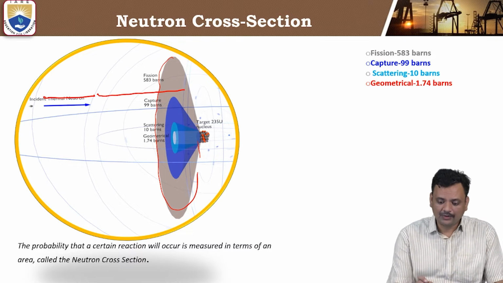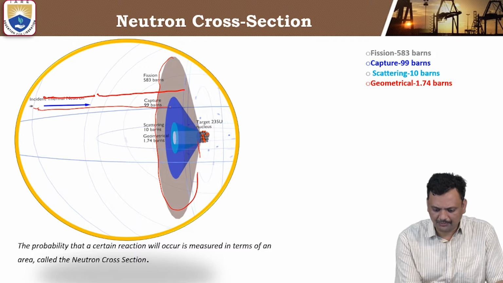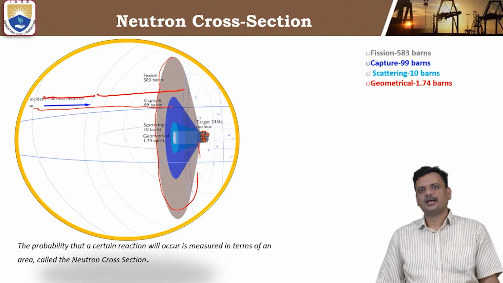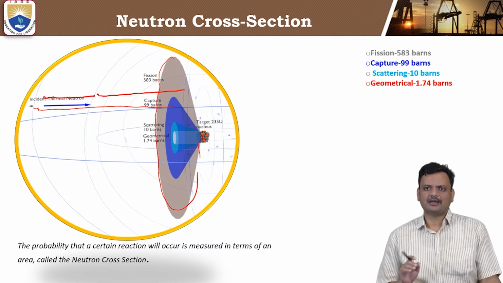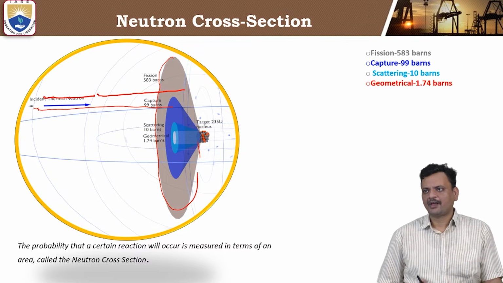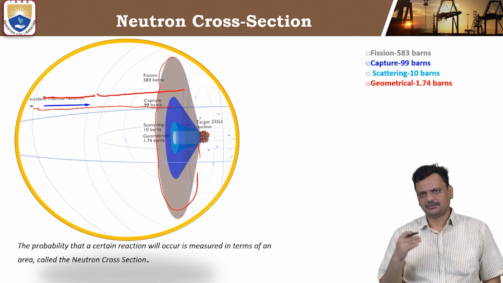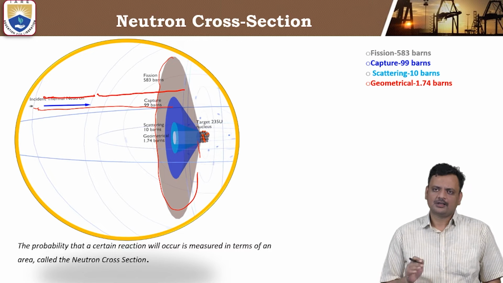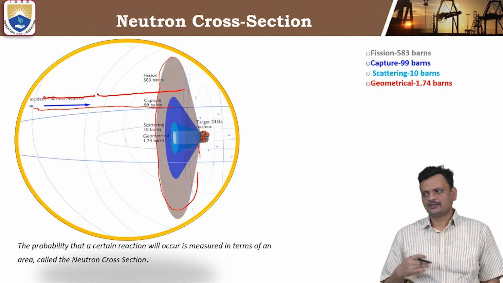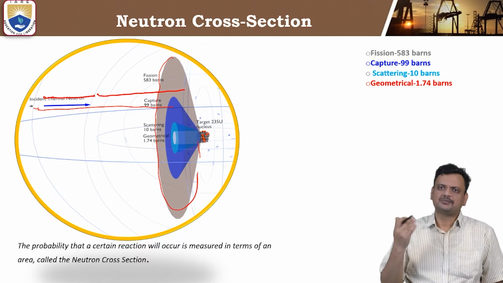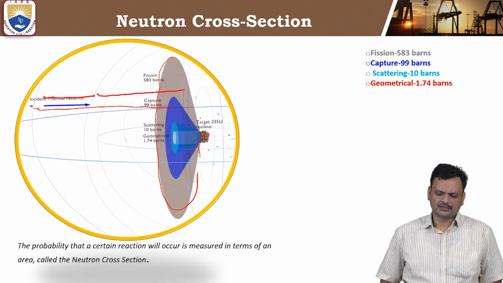When this incident neutron approaches this region, it is just captured, captured means absorbed. This absorption phenomenon will be of two types: simple absorption, or absorption and again emission, and some different nuclear particle will emerge. That is a different thing.